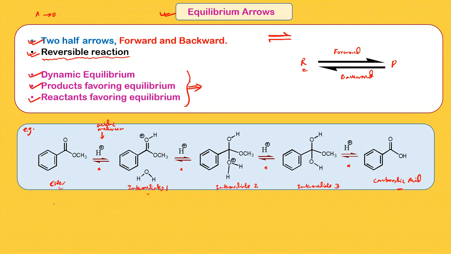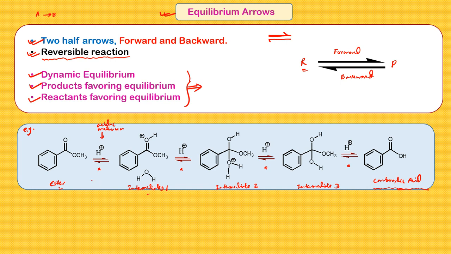And so the reaction is moving from ester to intermediate 2, then intermediate 3, and finally it is getting converted into the carboxylic acid. So the reaction is moving with a constant equilibrium between all these intermediates, maintaining the concentration of these intermediates. The reaction is passing through a sequential transformation.